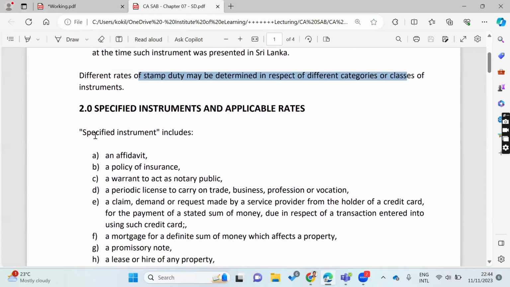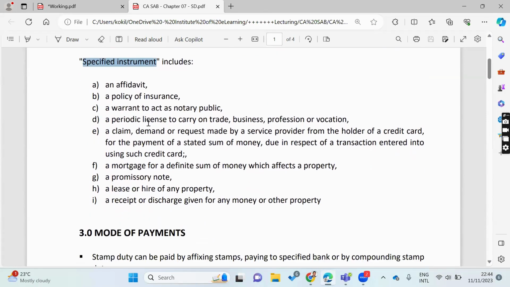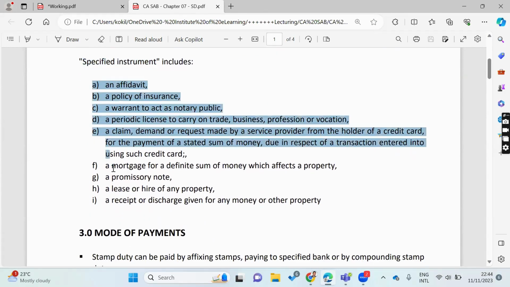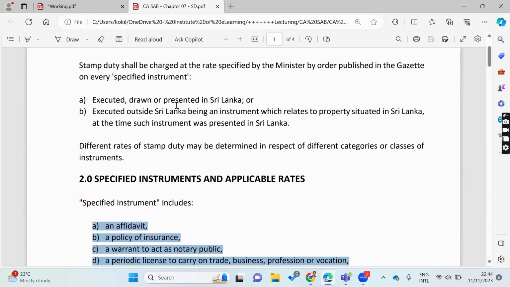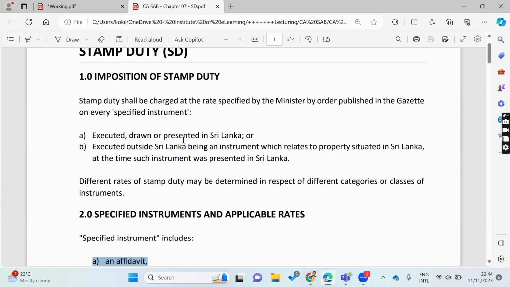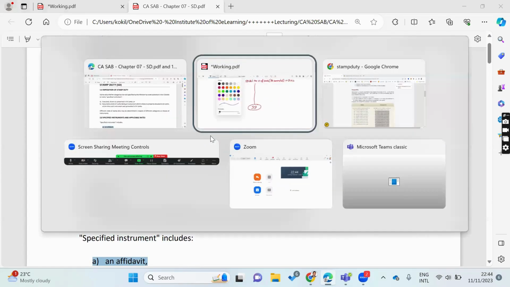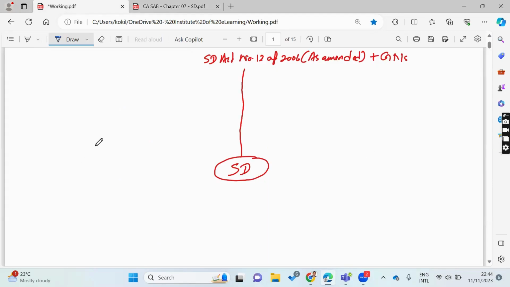So specified instruments, which are they, right? Here we have altogether 9 specified instruments. Altogether 9 instruments are there. We'll go ahead with the very important ones. You can also go through these instruments; they are on the website as well, right? So the first one, imposition: when we are executing a loan or presenting any specified instrument, right?